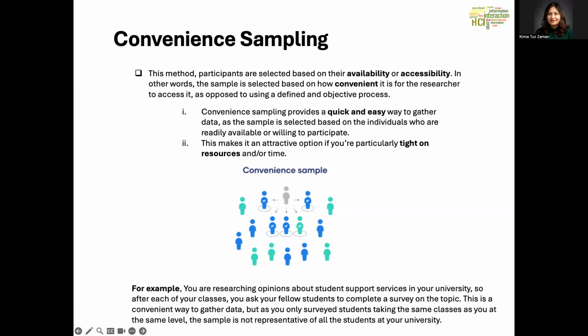That's convenient, but it isn't representative of all the students, so findings may be biased. Use convenience sampling for exploration or pilots, but be cautious about generalizing to the whole population when you are using convenience sampling.